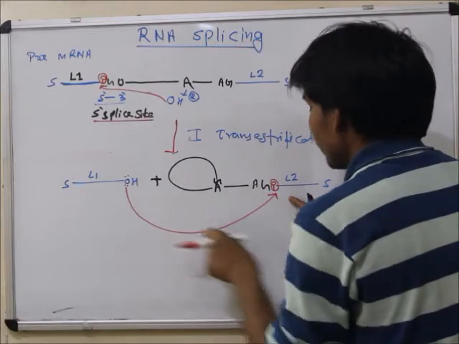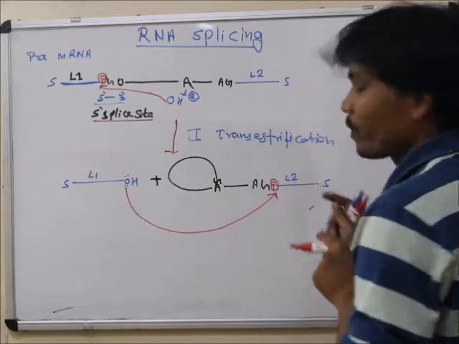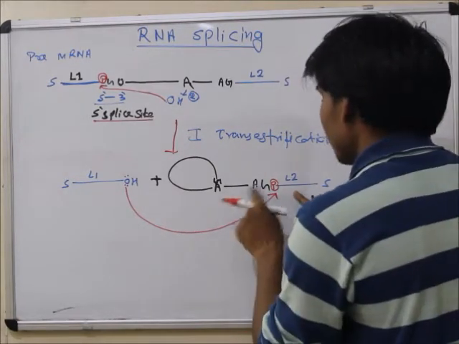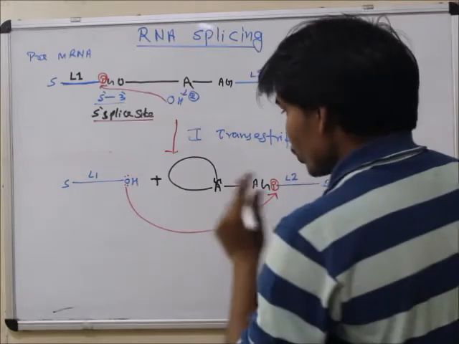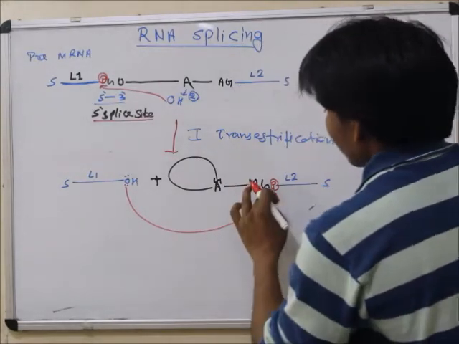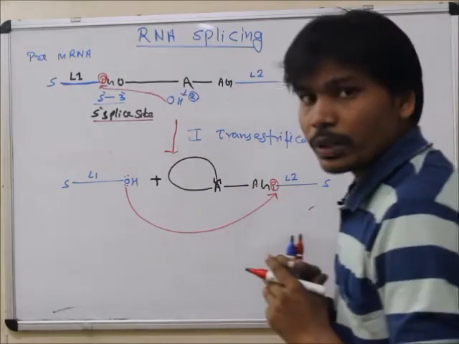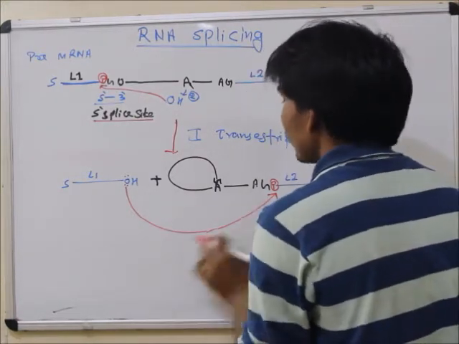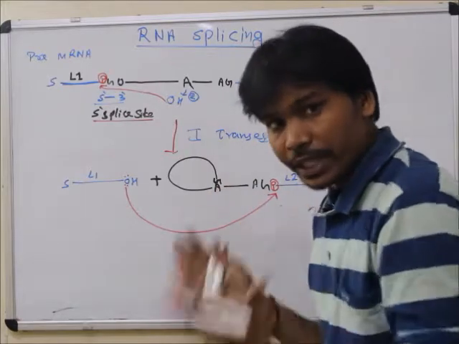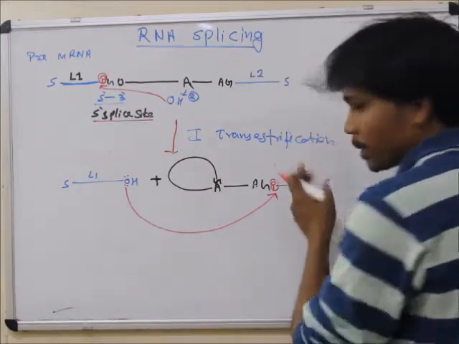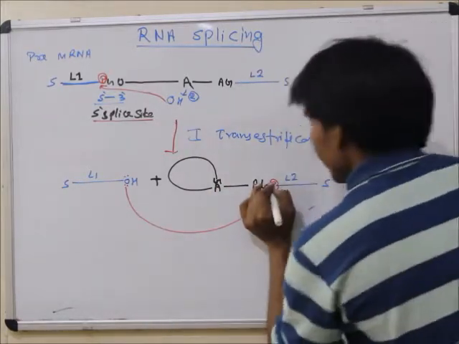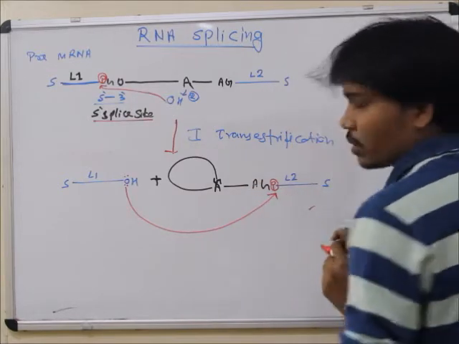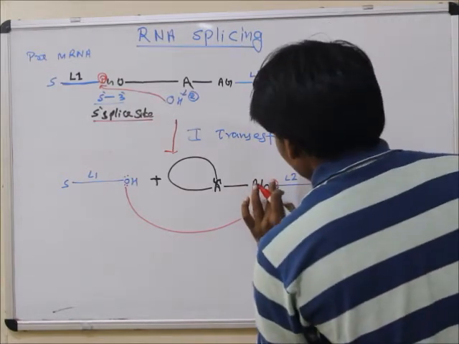Then it will react with the phosphate of the exon and intron junctions. If you know the mechanism of the reactions, by the transferring of the electrophilic or nucleophilic attack, there is one breakage of the bonds and one formation of the bonds. So there is breakage of the bonds.